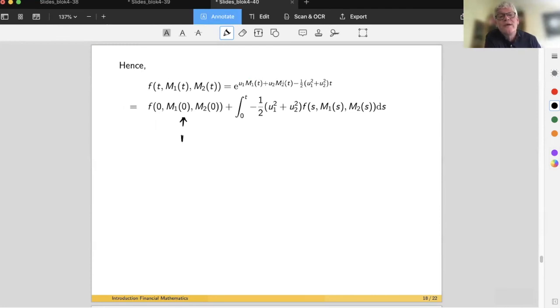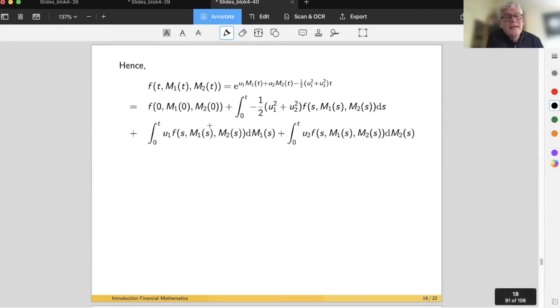Substitute 0 here, here, and here: it's e to the 0, that's 1. Then this term is the integral from 0 to t of df/dt ds, plus the integral of df/dx dM1, which is u1 f evaluated at (s, M1(s), M2(s)) dM1(s), and with respect to y the integral from 0 to t of u2 f dM2.